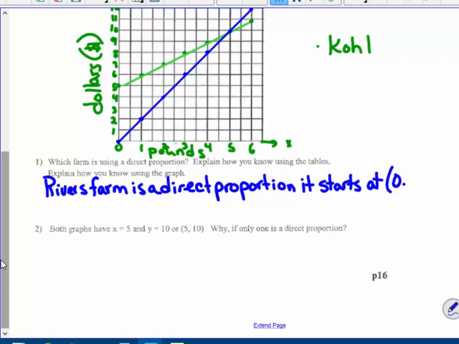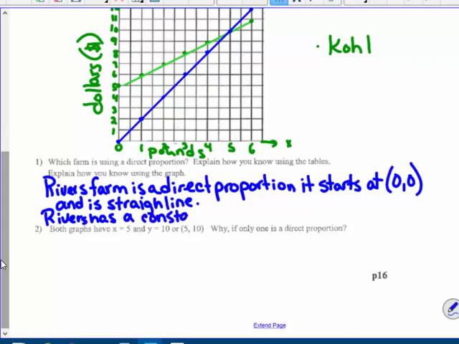Got to have those two things. 0, 0, and is a straight line because it has that constant rate. So it's got both parts for the graph, and the table, Rivers has a constant rate to fill in that table, right? Y equals kx.